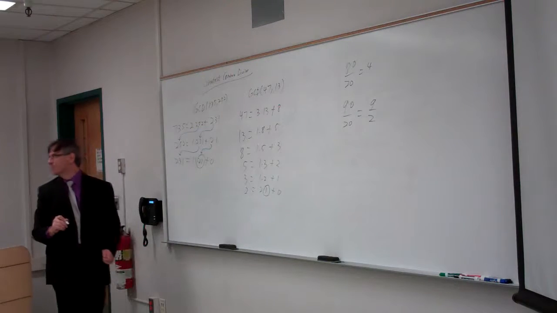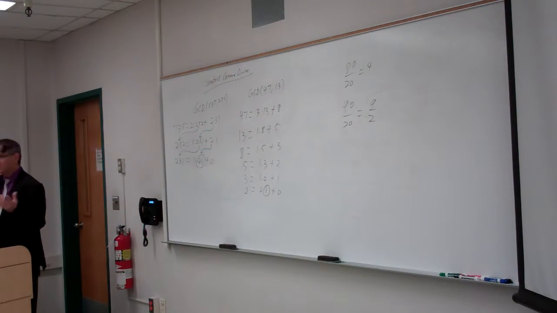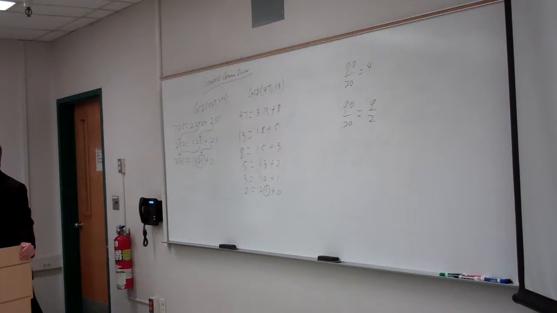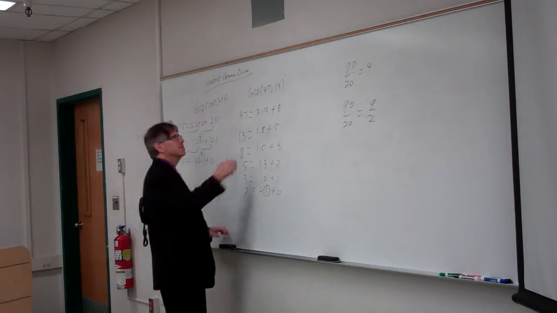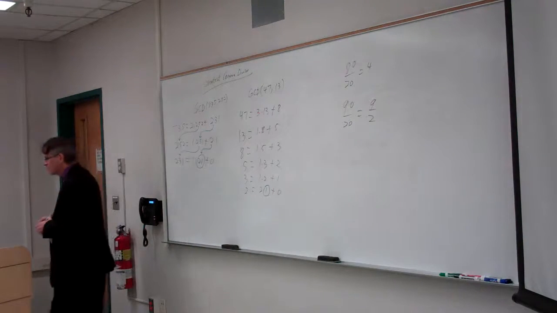There's your GCD, it's 1. Because nothing divides a prime except 1, so two primes are going to have a greatest common divisor of 1. And in this case, we say that these two are relatively prime.